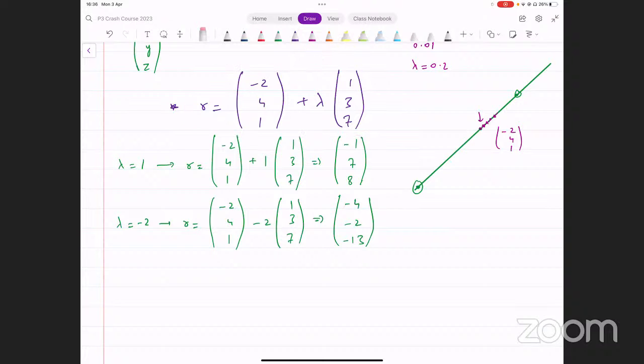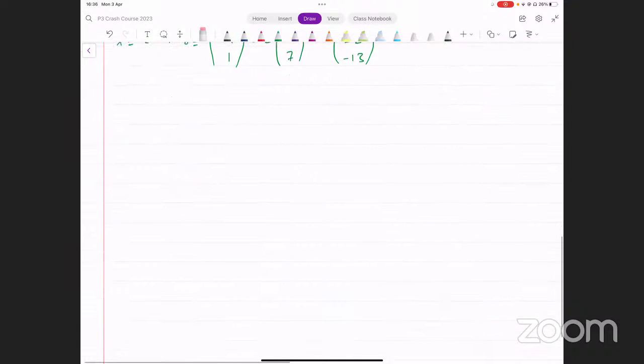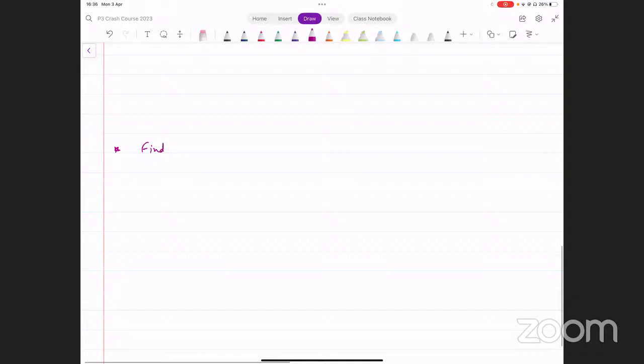Okay. Now, let me write down an example here. Let's say you want to find the equation of a line given certain information.